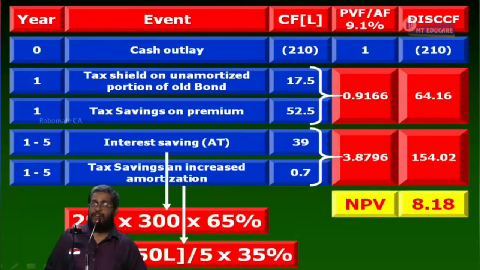See, these two you need not copy. The two workings, I'll dictate separately. Okay, interest savings as well as the tax savings on amortization.